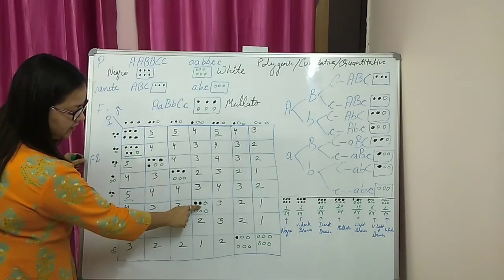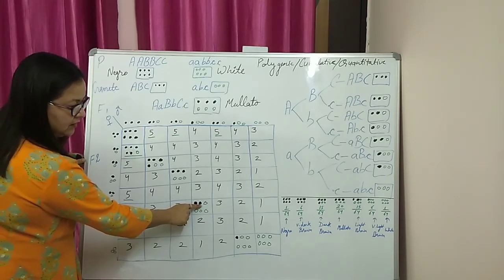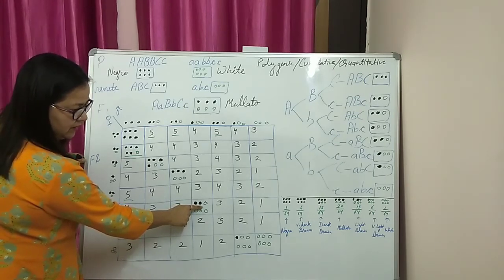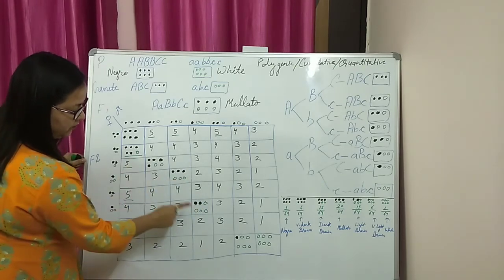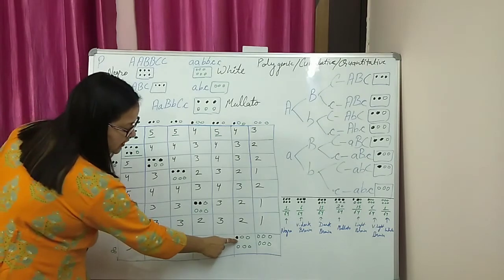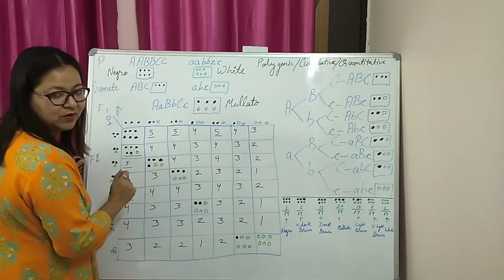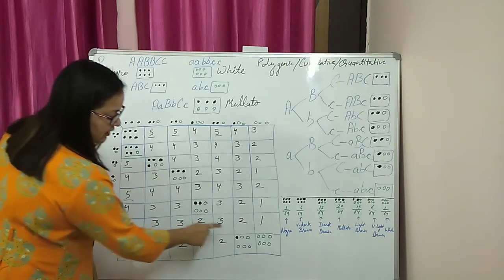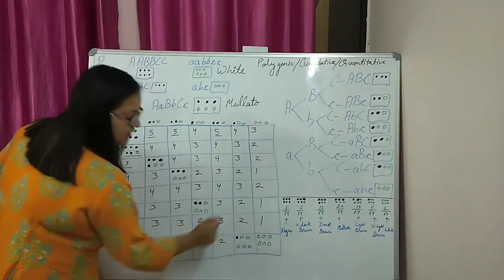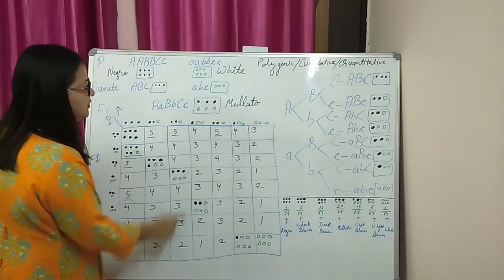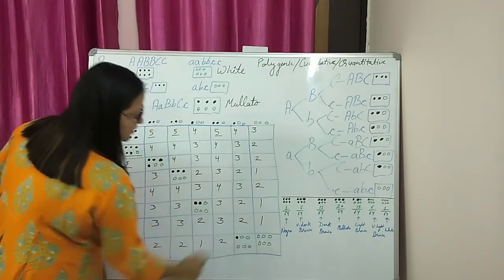In the next case I drawn only 2 dominant alleles, then it is light brown color, less than the mulatto. Next I have drawn only 1 dominant allele, then it is very light brown color. Clear? Next, no dominant allele means it is equal to the recessive parent, that is white in color.